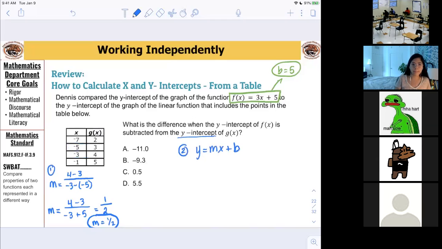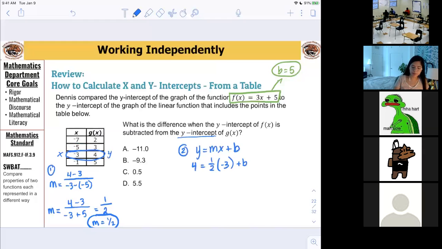Which ones do you guys want? Which 1 point? -3, 4. Okay. -3 is my x, 4 is my y. Here we go. So I have 4 equals 1/2 times -3 plus b.